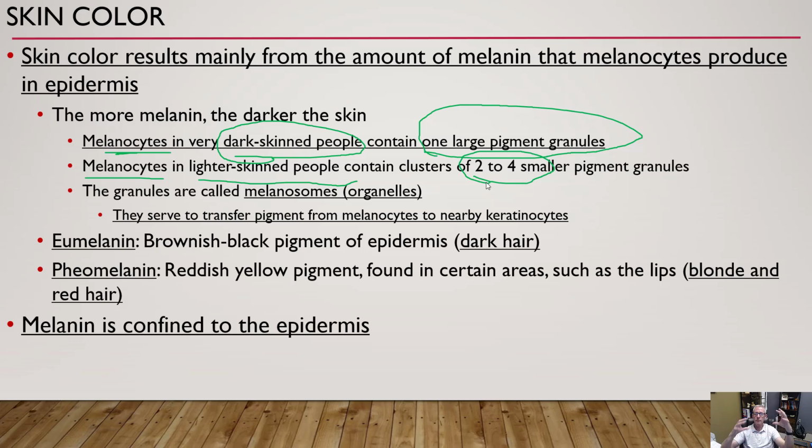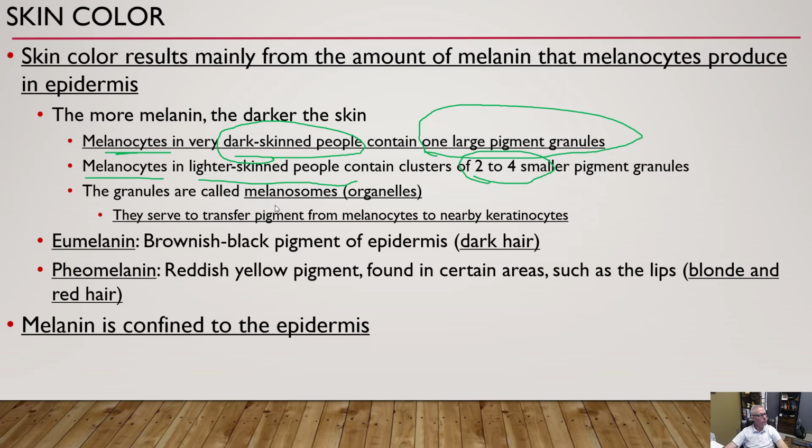So their pigment granules are more spread out. That's why a lighter skinned person can't ever be as dark as a naturally dark skinned person. A naturally dark skinned person has large pigment granules compared to a lighter skinned person.